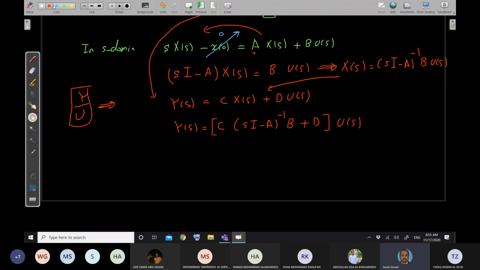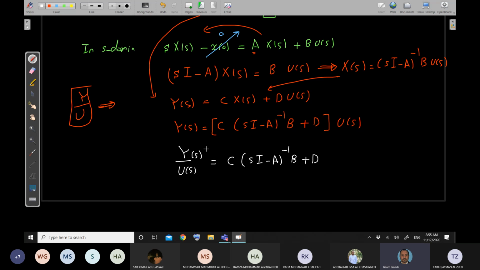So in this case, we will have the Laplace of the output over Laplace of the input at 0 initial condition, which gives me my transfer function, which is C S I minus A inverse B plus D. Good.